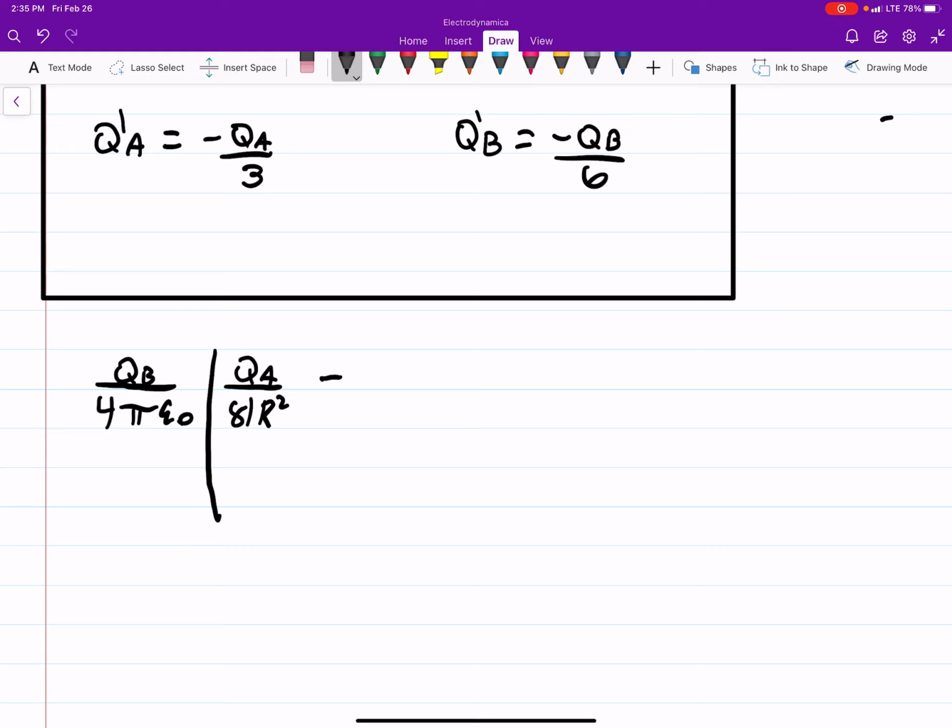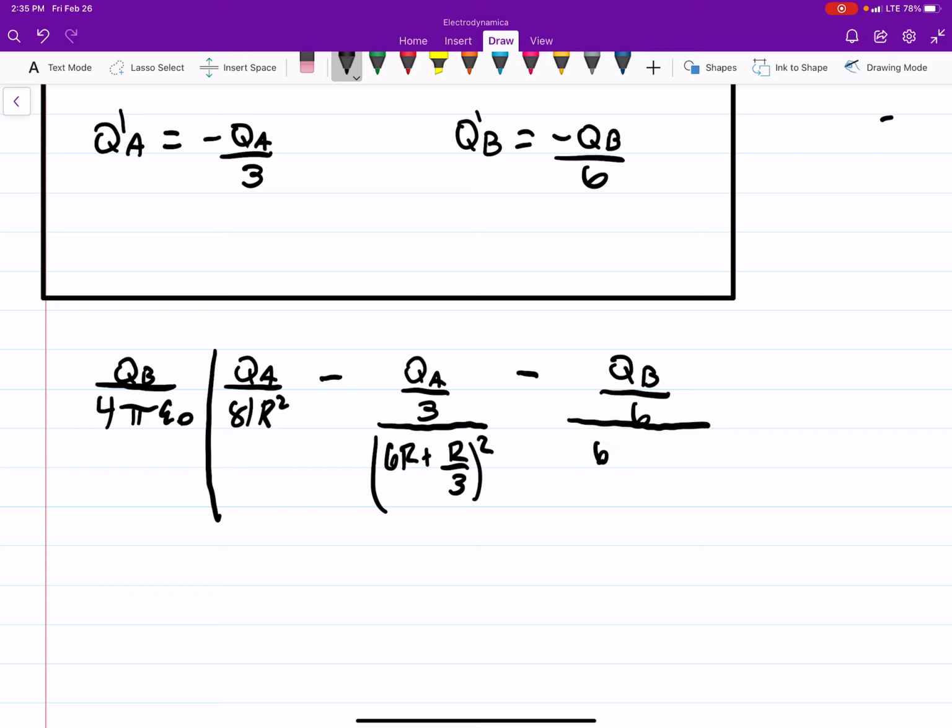Minus QA over 3, that's my Q prime, over 6r plus r over 3. That's my A squared. Minus QB over 6 all over 6r minus r over 6. That was my B squared. Okay.